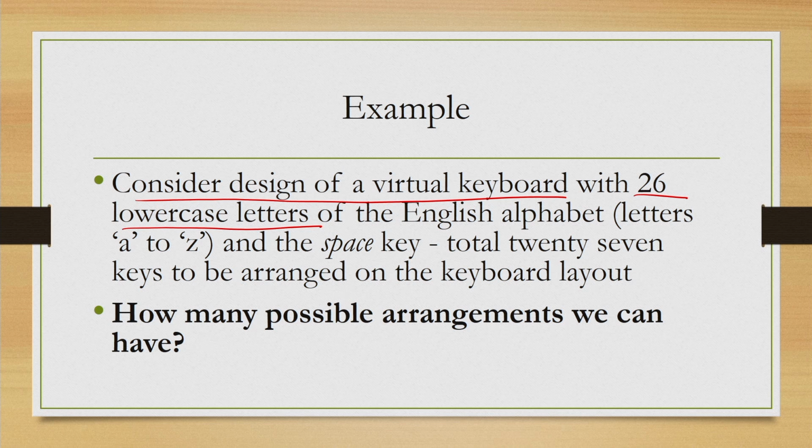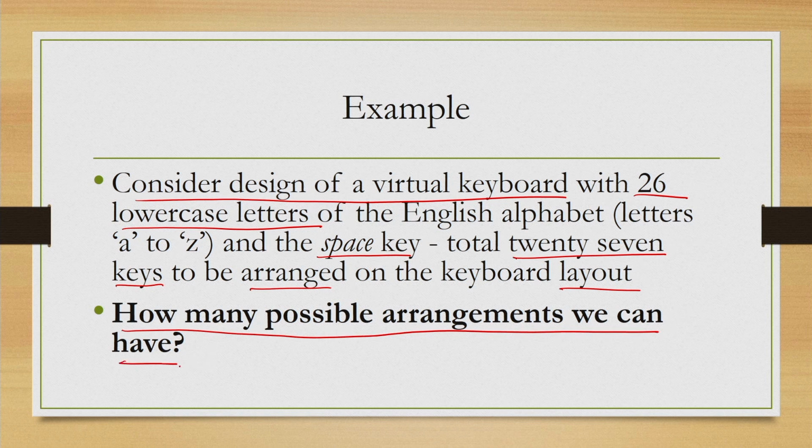Along with these 26 lowercase letters, the keyboard also has the space key. So, there is a total of 27 keys to be arranged on the layout. How many layouts are possible with 27 keys? In how many different ways can we arrange these 27 keys?